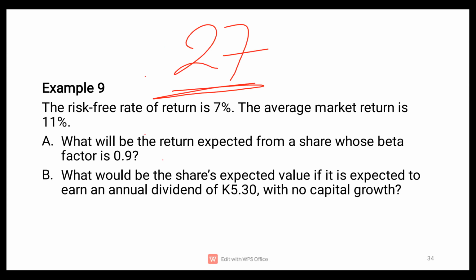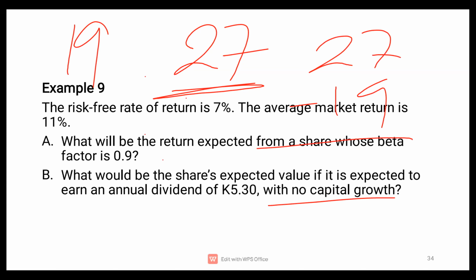Then you were just buying the shares at 19 kwacha. So you get the difference: 27 minus 19 is what is known as the capital gain.